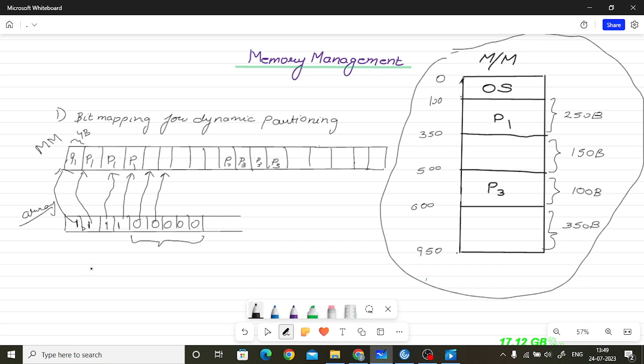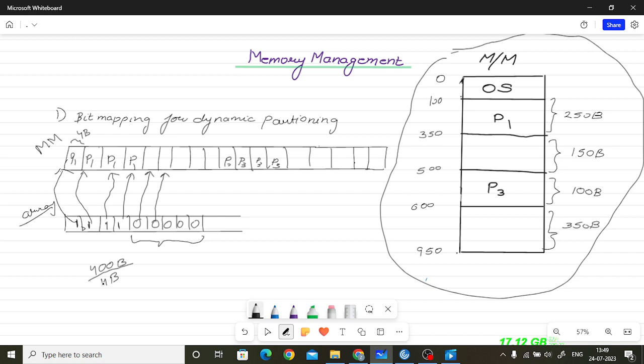If the total size of main memory is, let's say, 400 byte, and we divide it into 4 byte allocation units, how many allocation units are there?